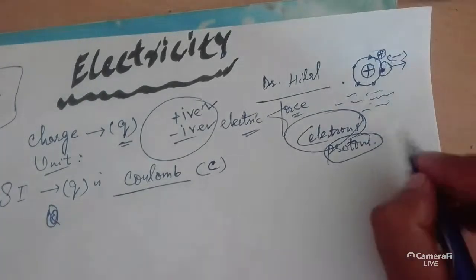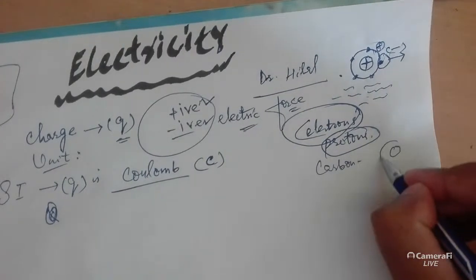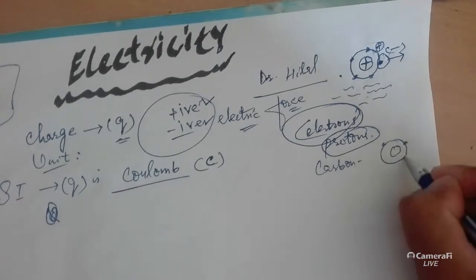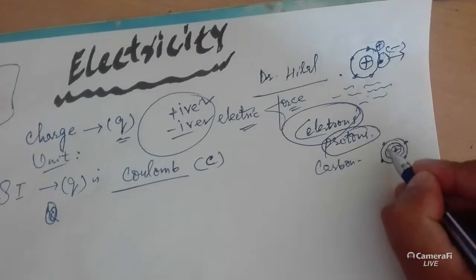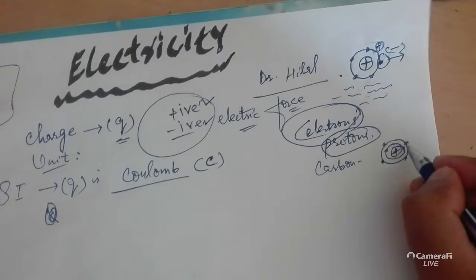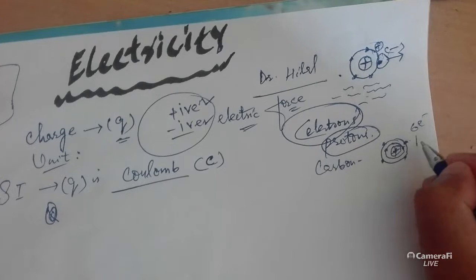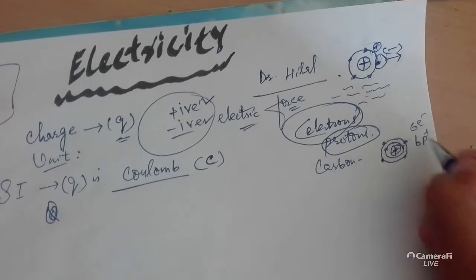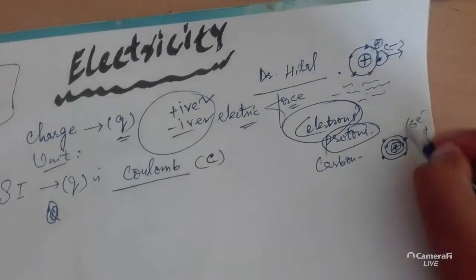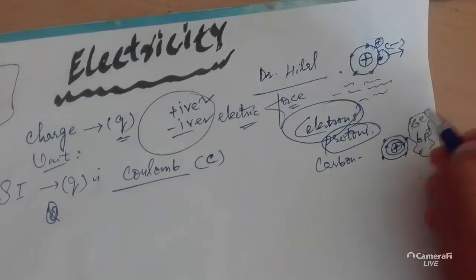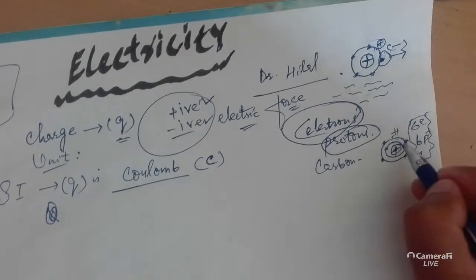For example, when we talk about carbon, how many electrons does it have? We have 4 electrons present in the outermost shell, and in the inner shell we have 2 electrons. So there are 6 electrons, and inside there are 6 protons which are positively charged. When we remove one electron, it means one positive charge, because one extra proton will be there.